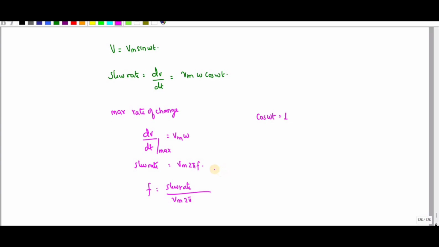In other words, this is in terms of volt per second. If I want the answer in terms of volt per microsecond, I need to divide by 10 power 6, since micro means 10 power minus 6. So you get slew rate is equal to Vm 2 pi F divided by 10 power 6. This is your first equation.